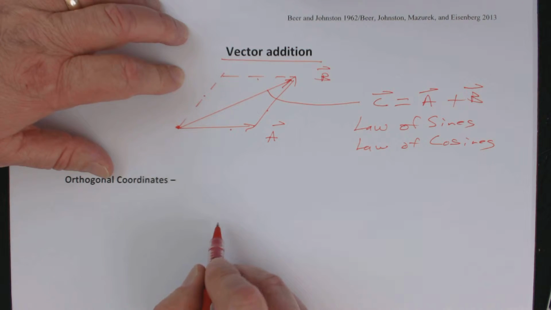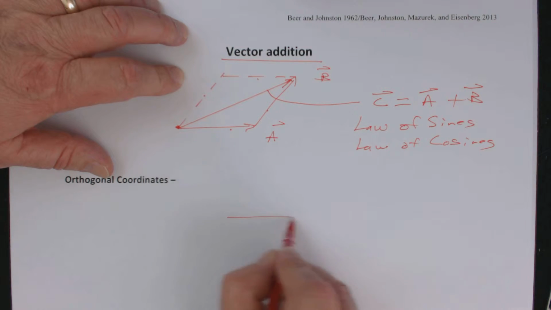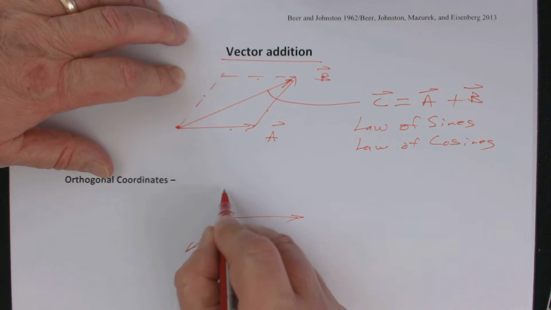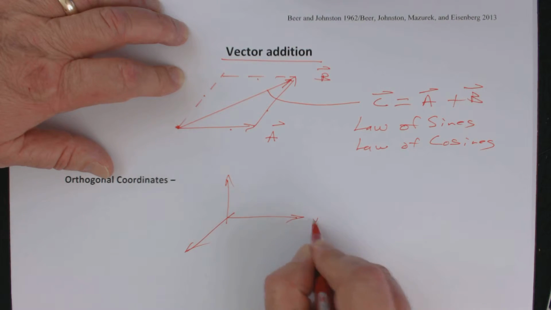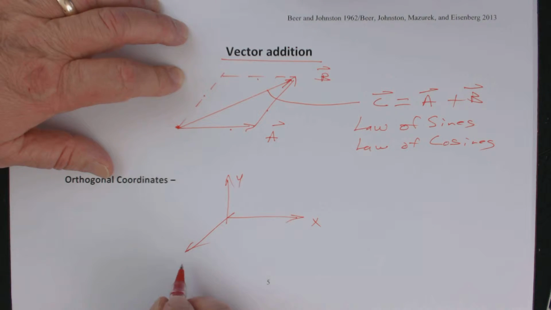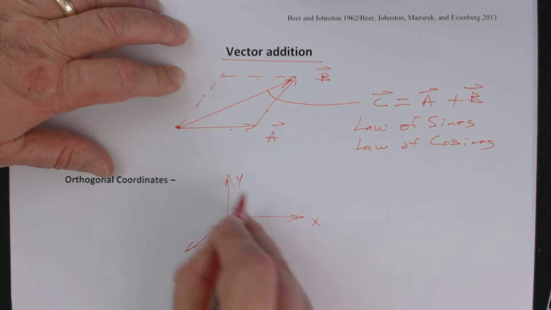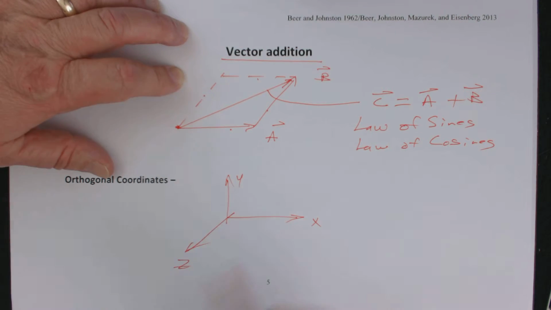But the way that we mostly do in this class is we work with orthogonal coordinates, and x, y, z is the way we normally do it.